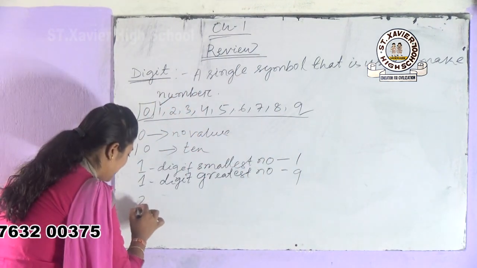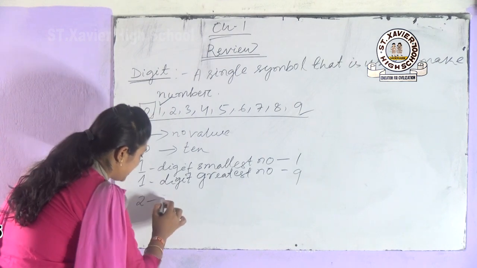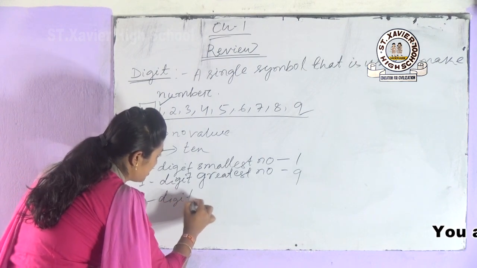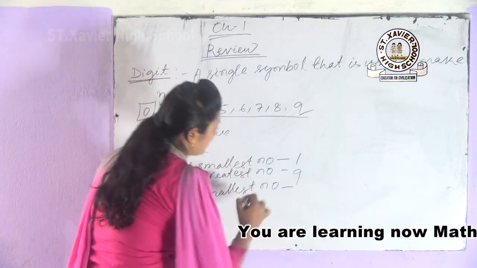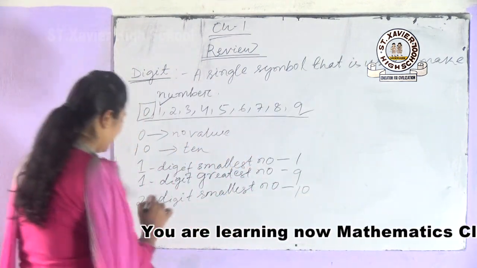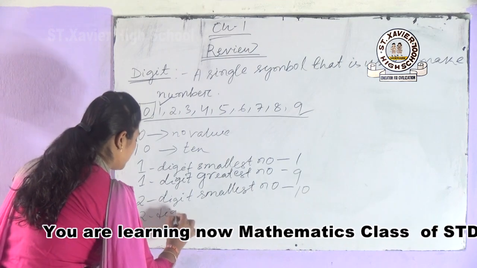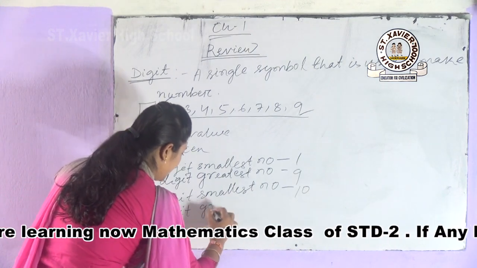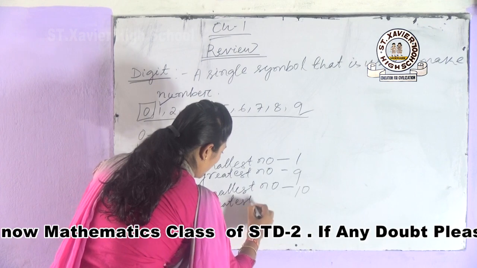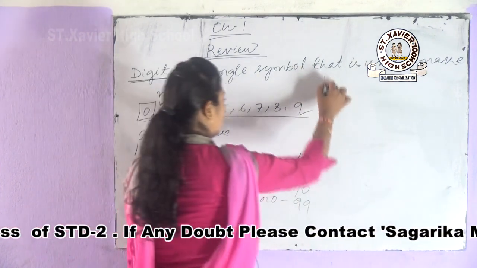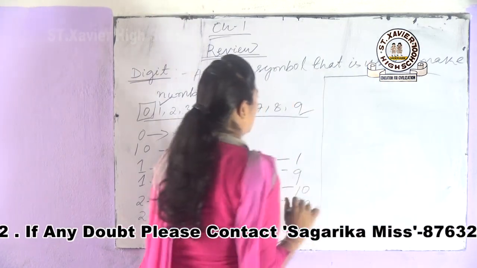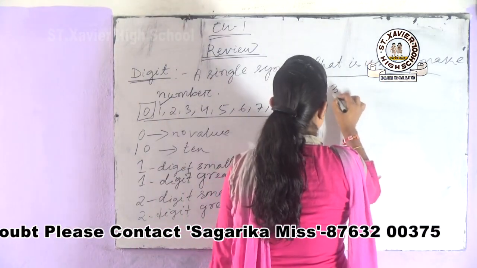Okay, then after 1 digit comes 2 digit number. The 2 digit smallest number is 10. Then the 2 digit greatest number is 99. After that I will go to 3 digit number.